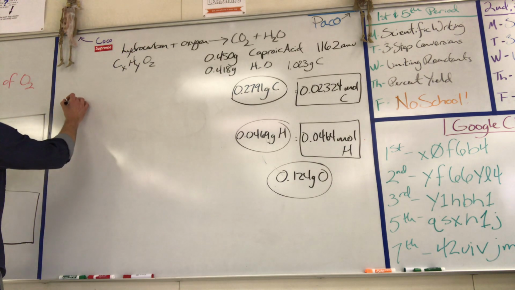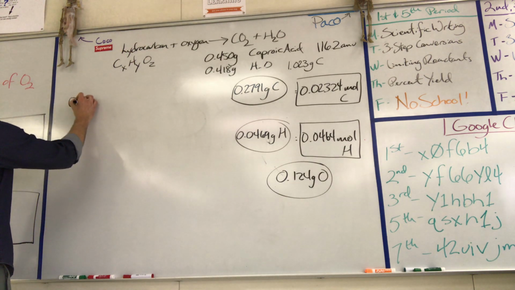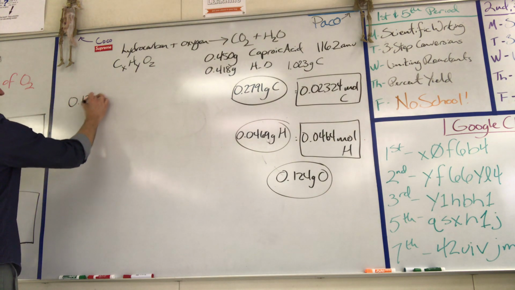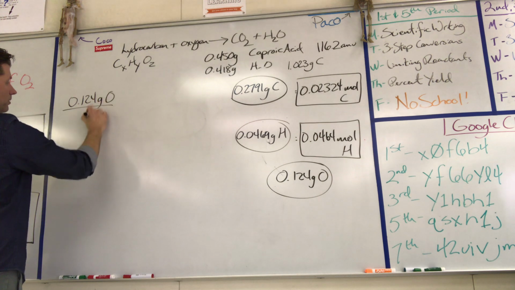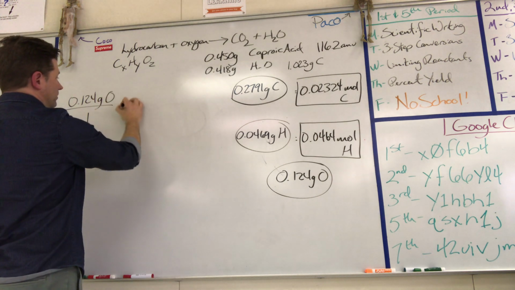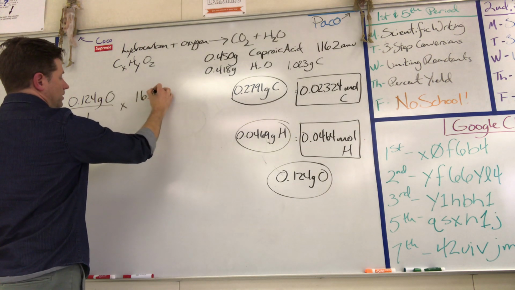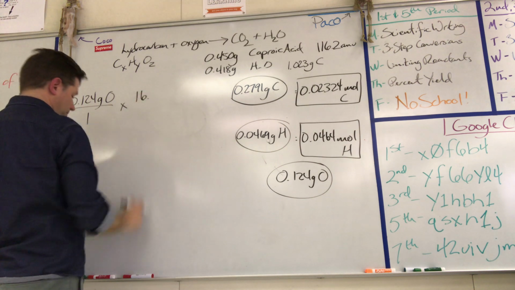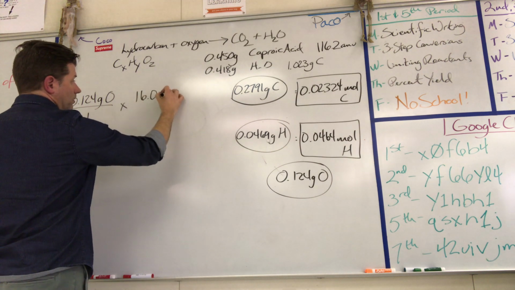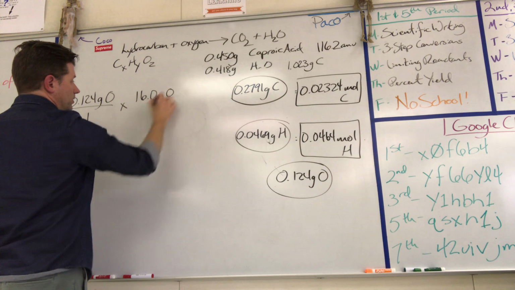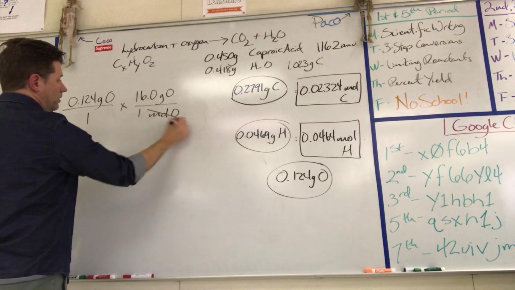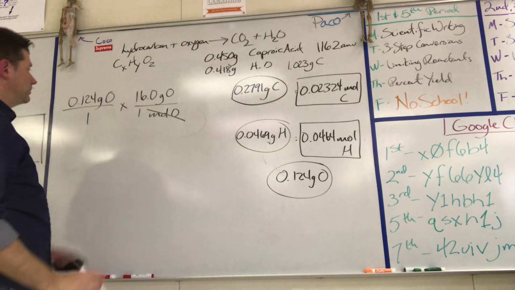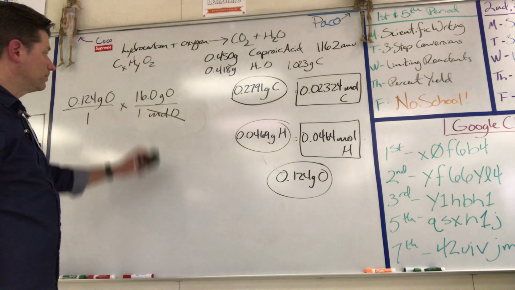All right. So I start off with 0.124 grams of oxygen, 16 grams of oxygen in 1 mole of oxygen. Cancel out that mole. Oh, I screwed up. What did I do?